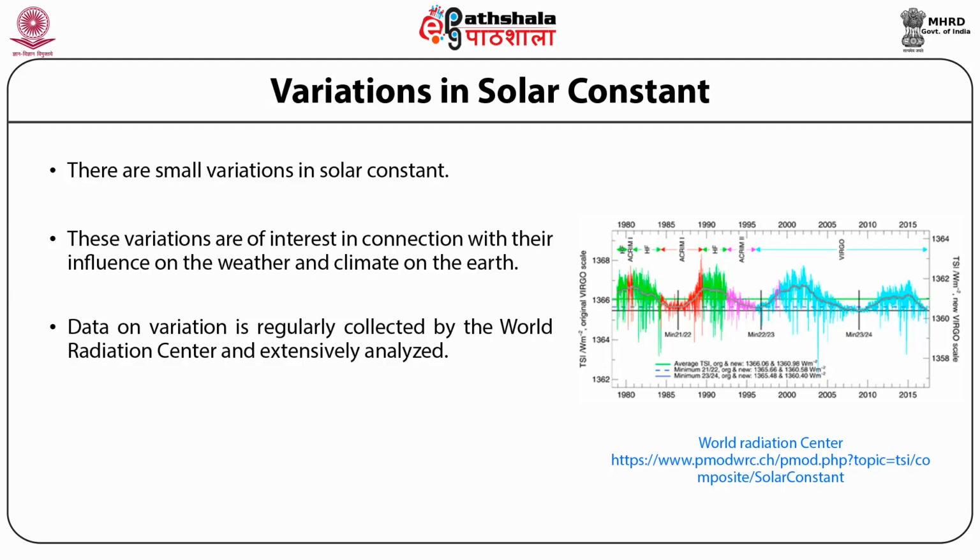The figure given here shows the sporadic as well as quasi-periodic variations in the value of the solar constant. Notice that the variation is around the value 1366 W per meter square. The source for this figure is the World Radiation Center, and it shows the sporadic and quasi-periodic variations in the value of the solar constant for the years from 1980 to 2015.